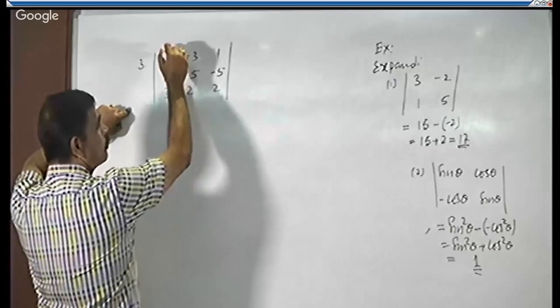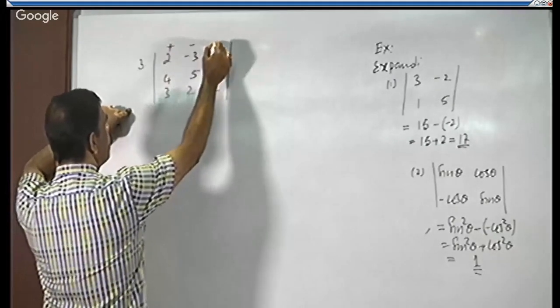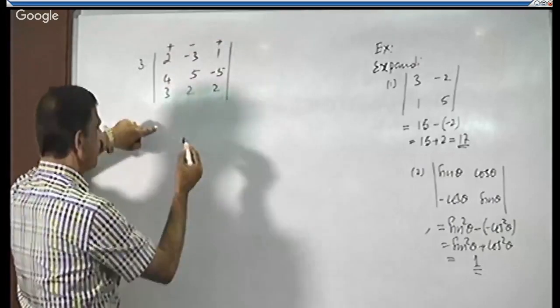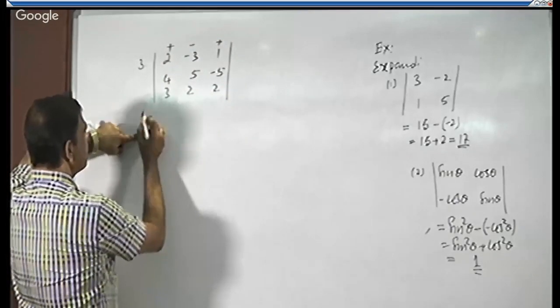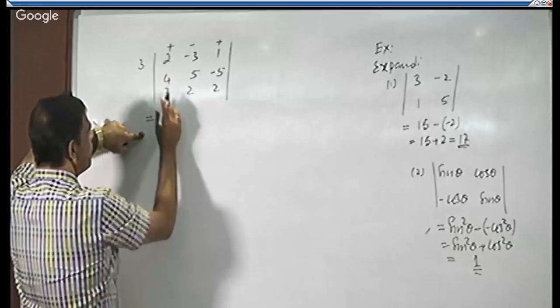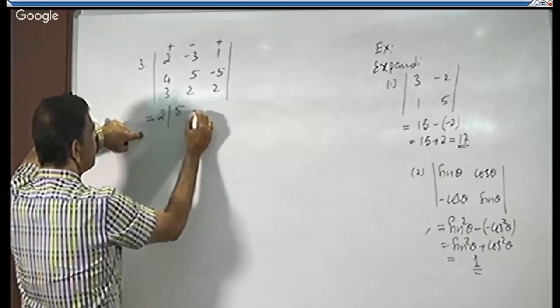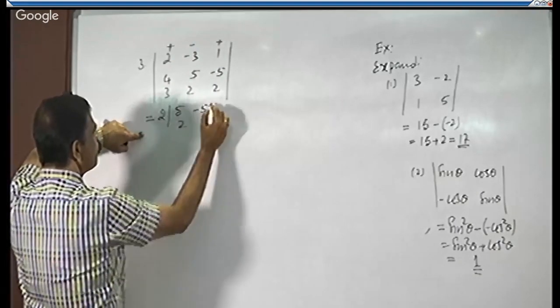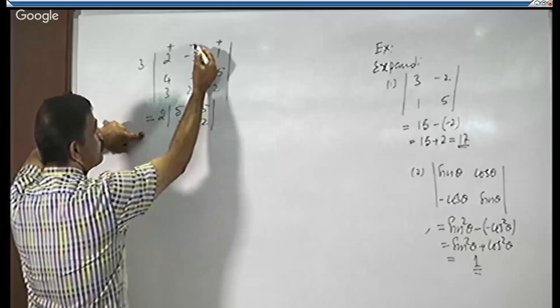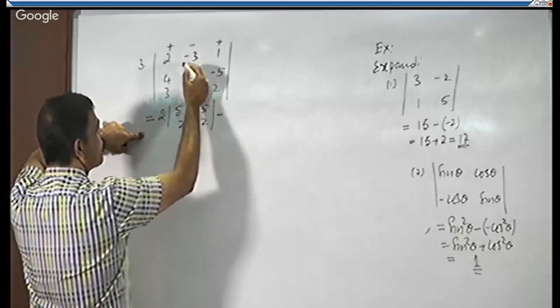So for a third order determinant, you put the standard signs over the first row, right? That is equal to, the determinant of this is 2 into: leave the corresponding column and corresponding row. 5, minus 5, 2, 2. Formula minus, standard sign minus.